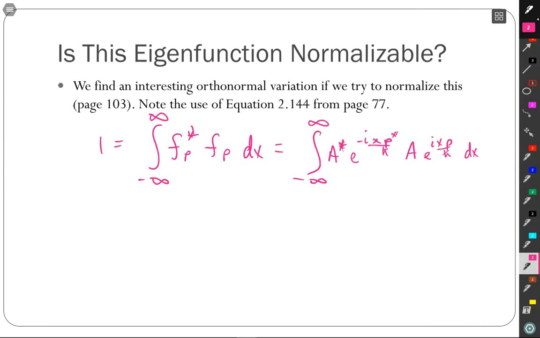Now I put P star, but really P should be real, right? And so if P is real, it collapses down to that.